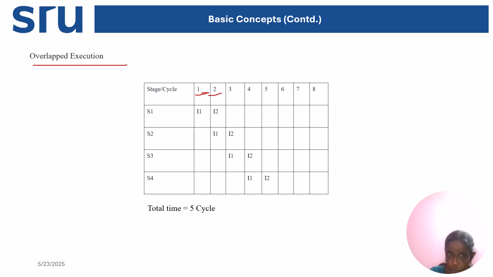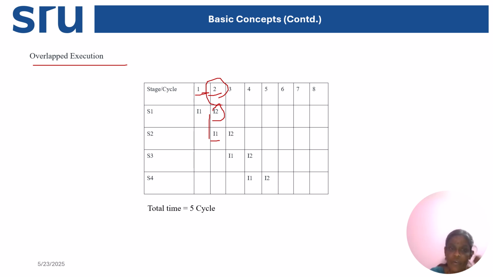In clock 2, instruction 1 enters the second stage, but at the same time, instruction 2's first stage will be executed. Since these two are different, there will not be any confusion in executing these two stages. They are entirely different. Therefore, executing these two stages in 1 clock cycle will not create any problem.